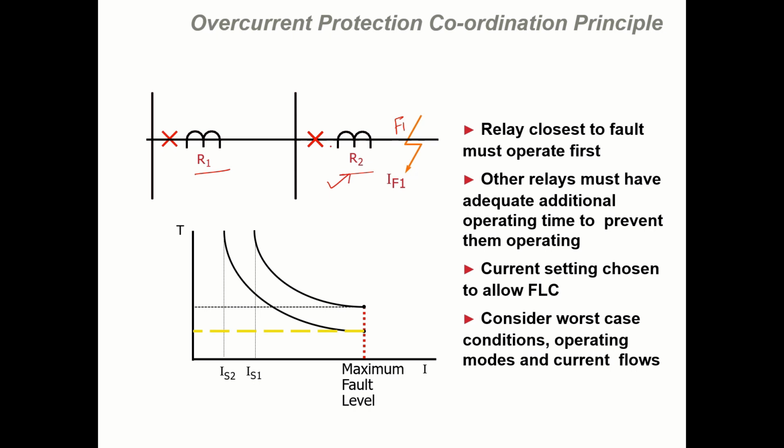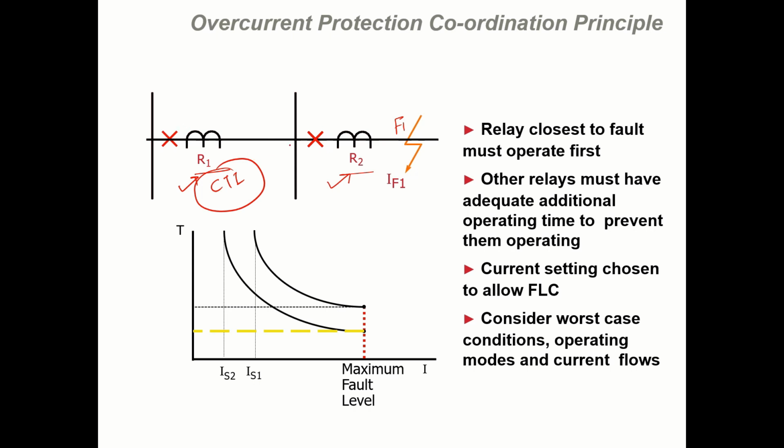Suppose R2 operates but the circuit breaker doesn't trip, or for any reason the fault is not isolated. Then after a delay of certain time, which we will discuss and is called the coordination time interval, the relay R1 should operate and isolate the fault.